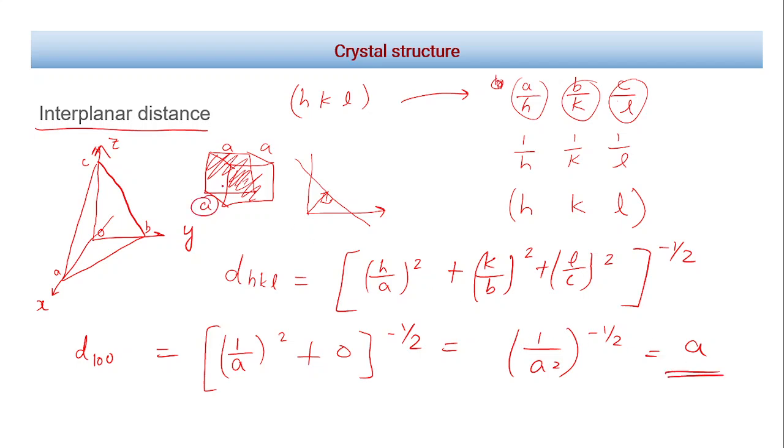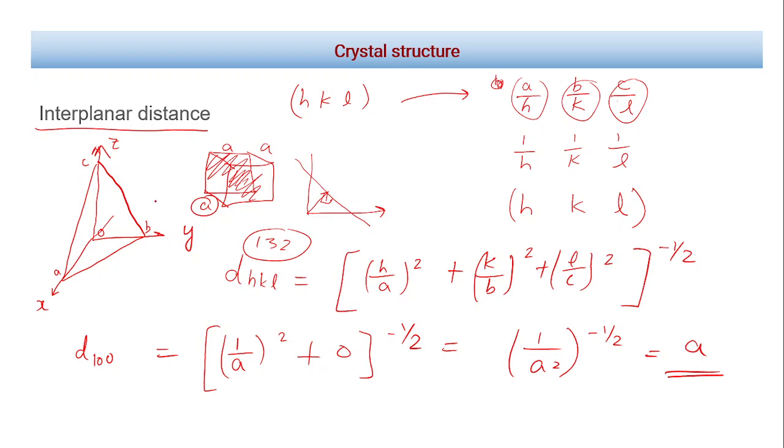Here it's easy to visualize, but sometimes if it's something complicated, like if my HKL is 132, then it may not be easy to draw and then check. So this formula is there to help us out. Okay, so the next thing was the angle between two crystal planes.